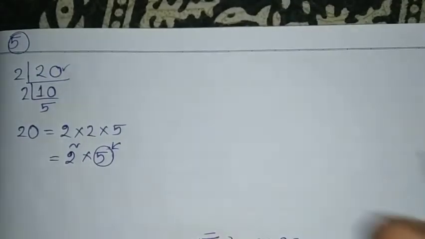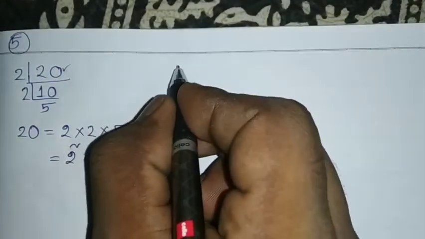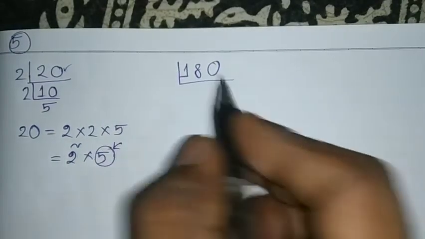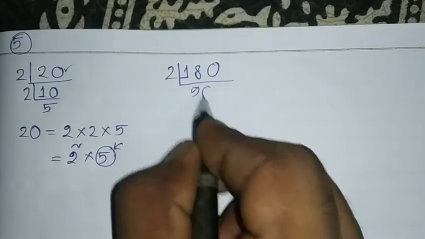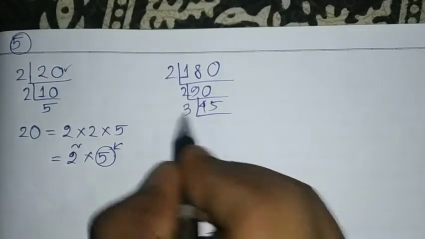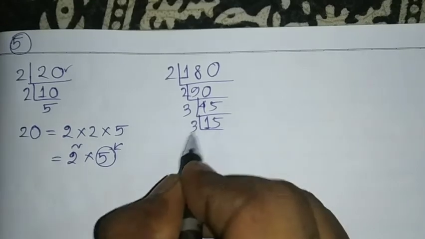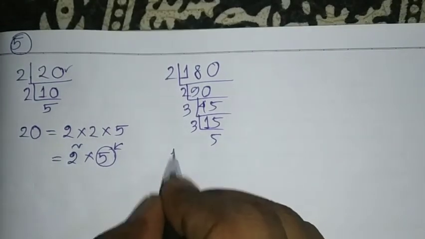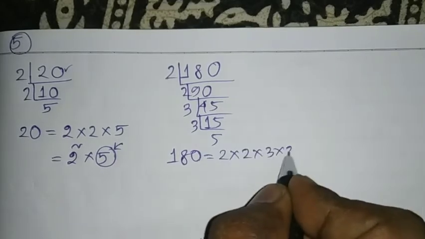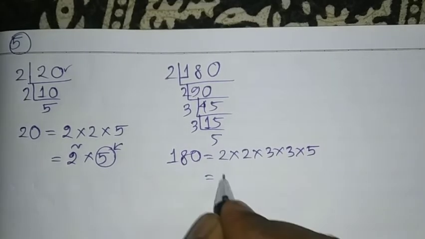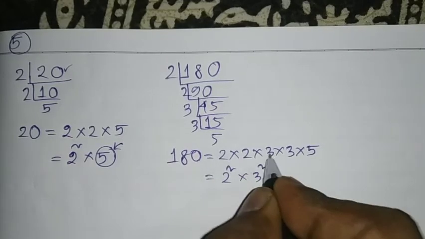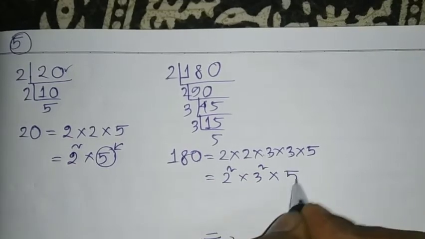Okay. Suppose I am taking again the example of 180. Find the prime factors of it. Using 2, 90. Using 2, 45. Using 3, 15. Again using 3, 5. So what can we write? 180 equals 2 into 2 into 3 into 3 into 5. So we can write 2 square by using these 2 2's, 3 square using these 3 3's, again 5.